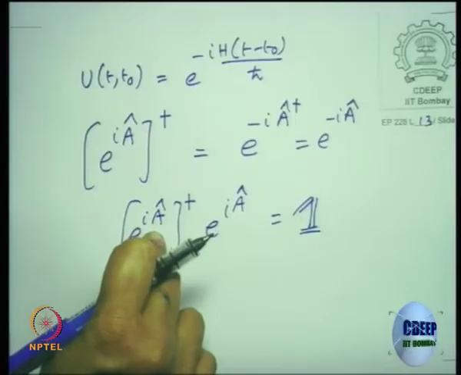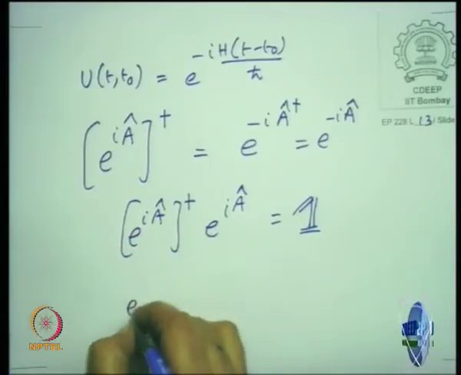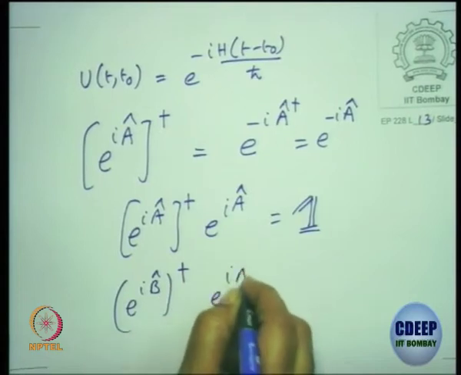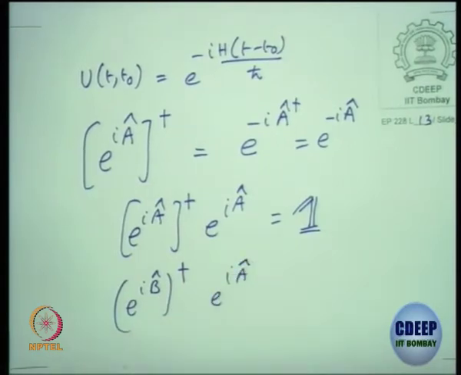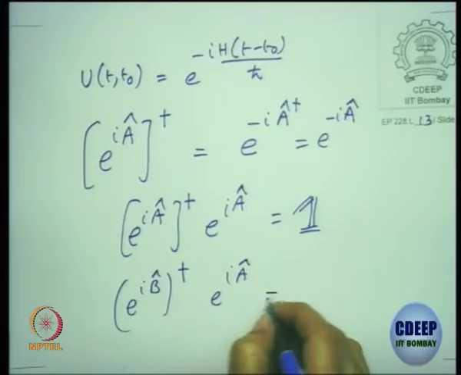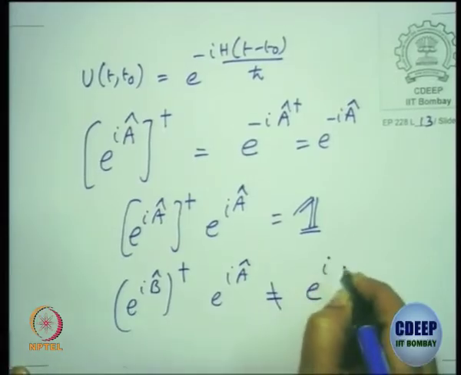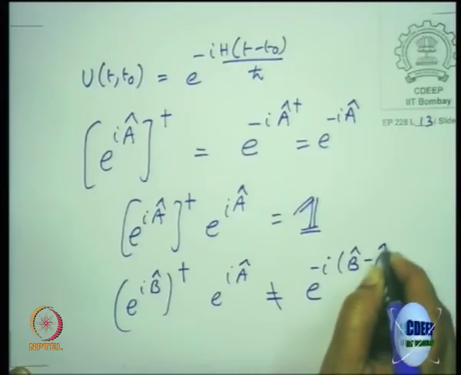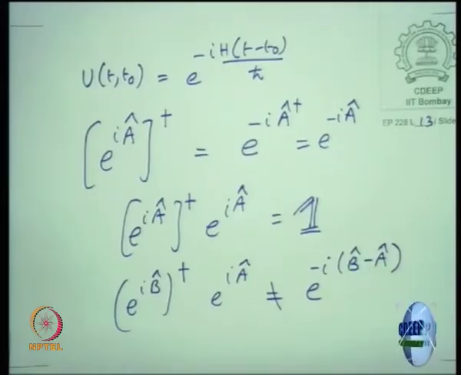This also I said in the last class. Suppose I give you e to the i B hat dagger, e to the i A hat. This is not equal to this in general.